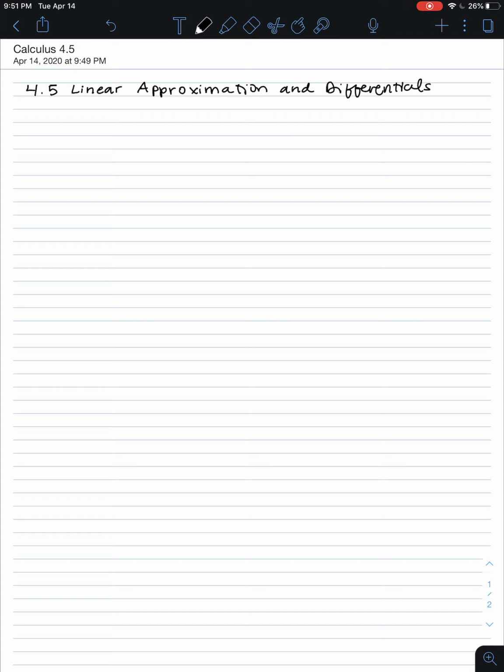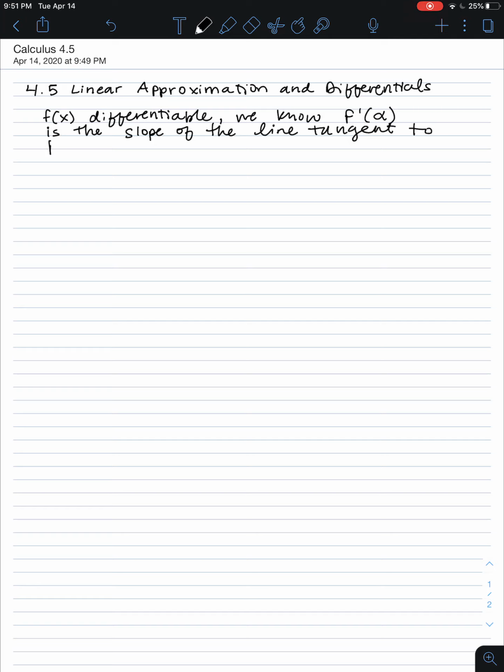So basically what's happening here is we know that if we have a differentiable function f of x, remember differentiable just means that we can take the derivative, we know that f prime of some point alpha is the slope of the tangent line of f of x at that point x equals alpha.